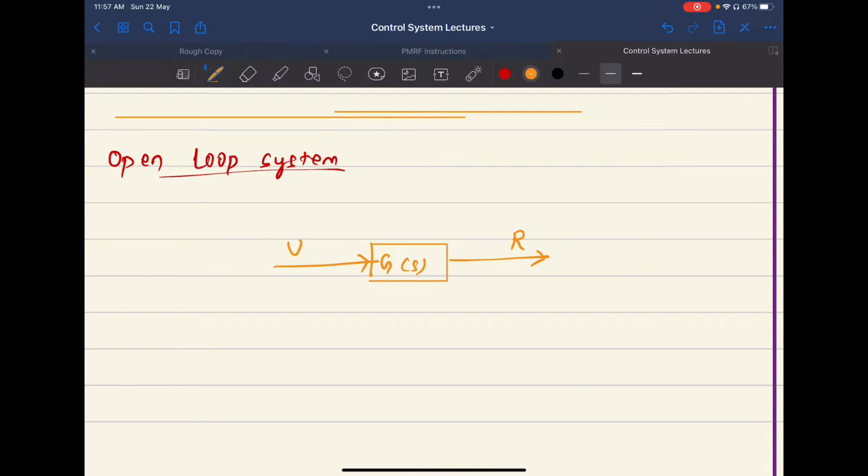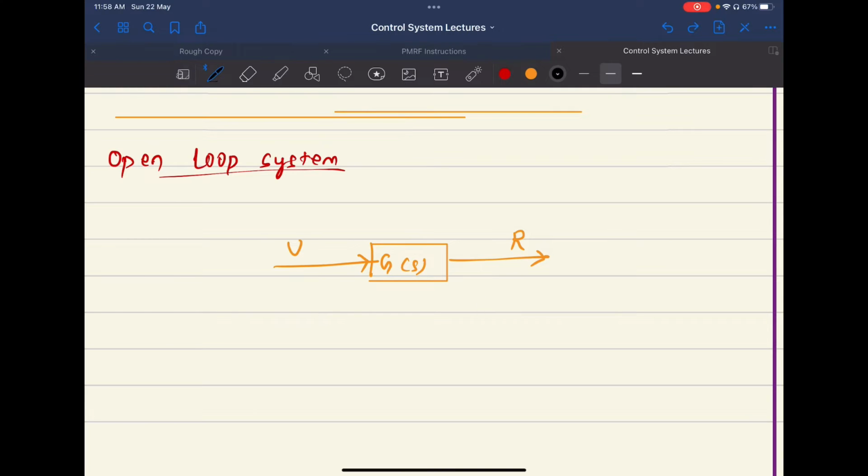My input does not know what my output is. There is no feedback, no kind of loop. When we say it's a loop, it's a closed strategy.